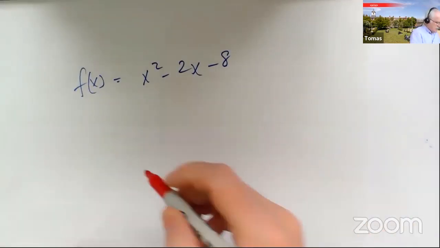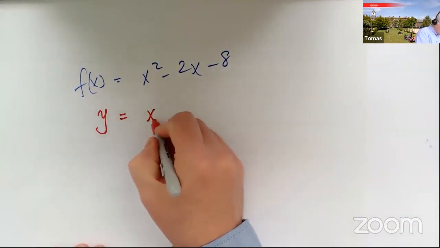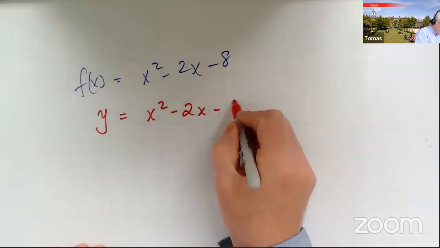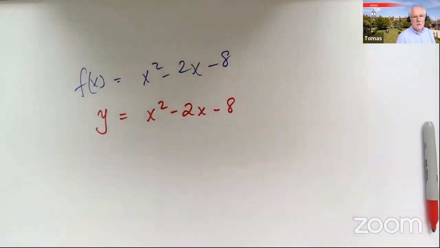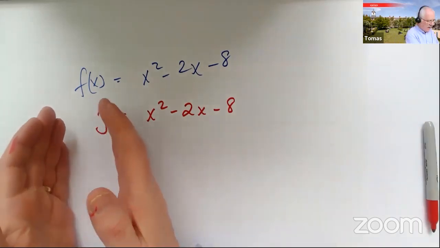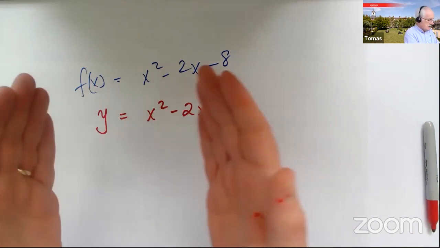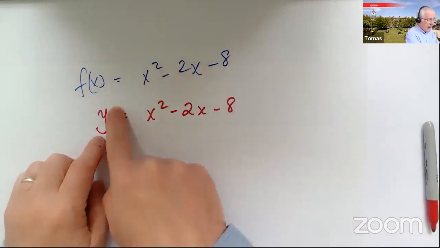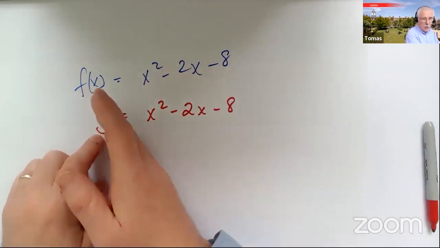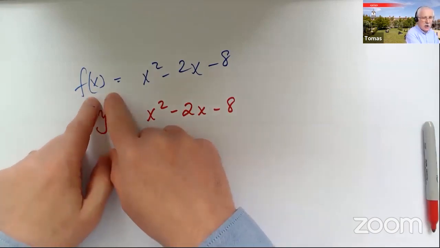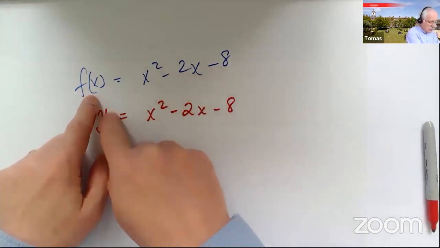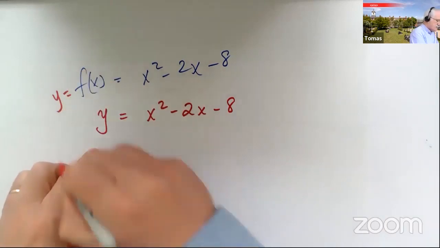This is different. We're used to y is equal to x squared minus 2x minus 8. It's actually the same thing. We're always going to have something on the left and something on the right. Sometimes we call it y, as the actual y-axis or the y value, and sometimes we call it the function of x, but really we mean y equals.